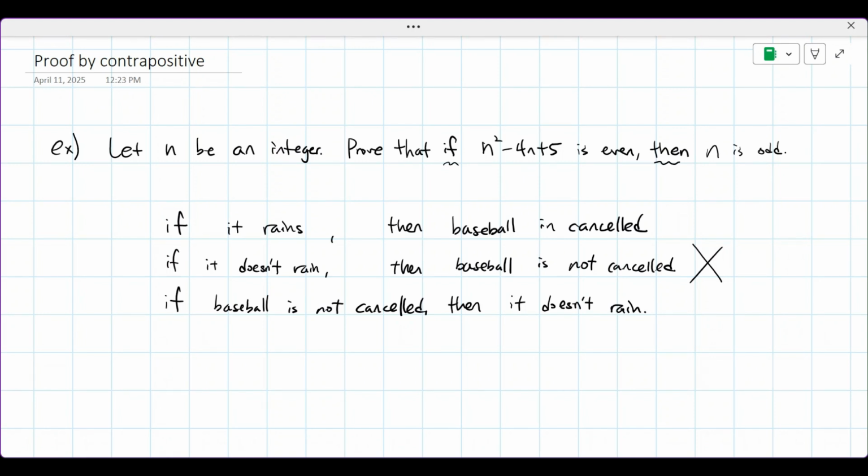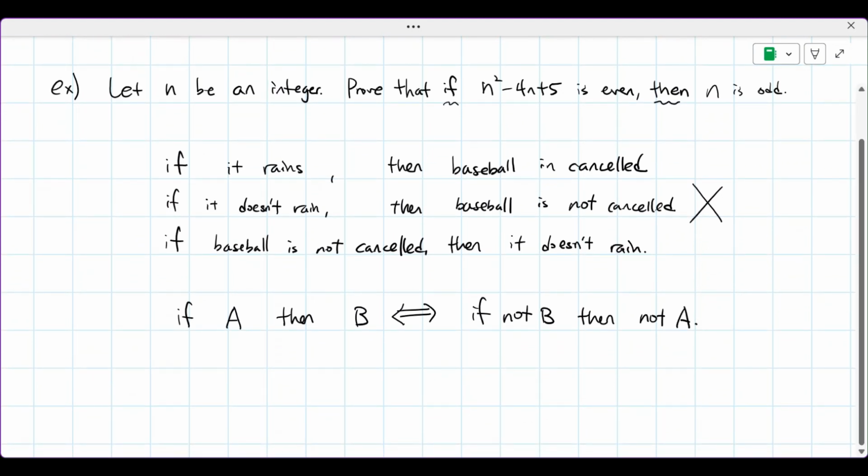So if I write this in a more general format, we can say that an if A, then B statement can be switched with if not B, then not A. So we're switching A and B to not A and not B, and then we're also switching the places of them.